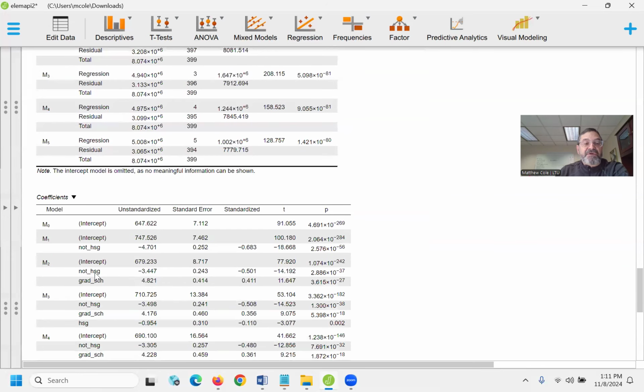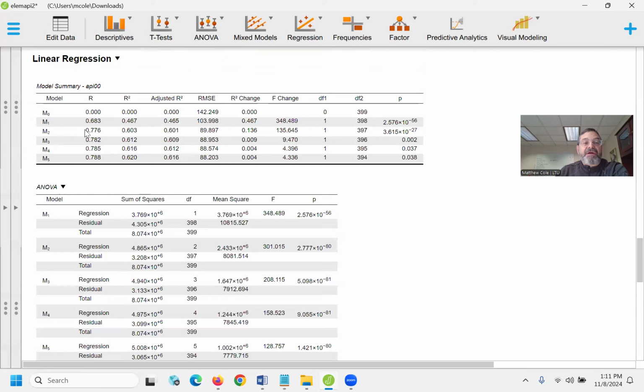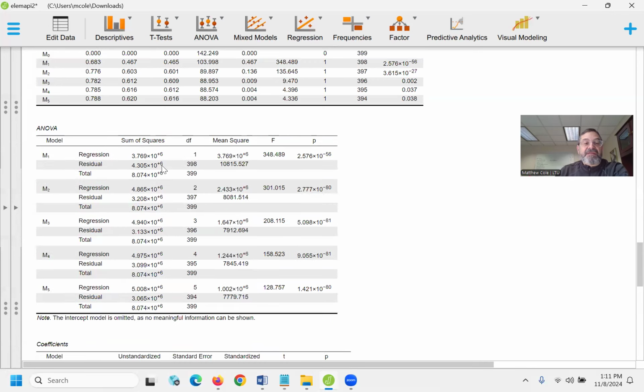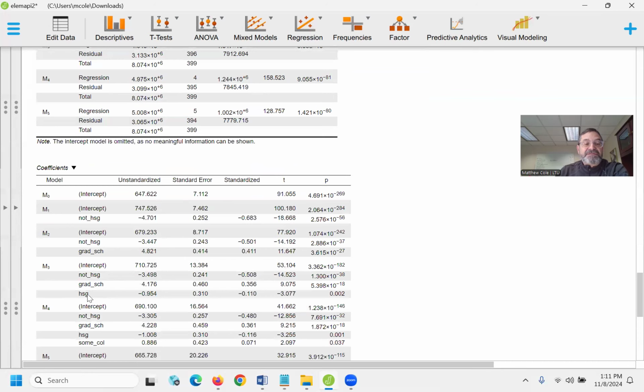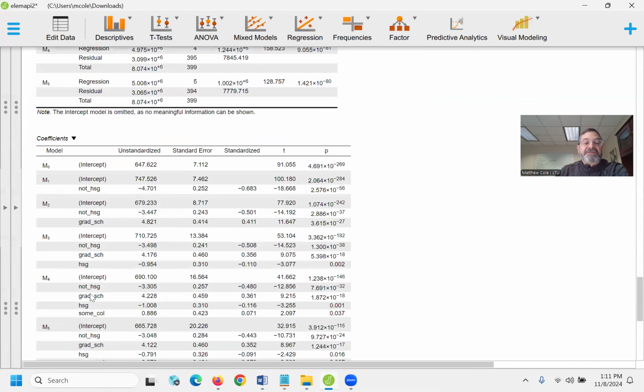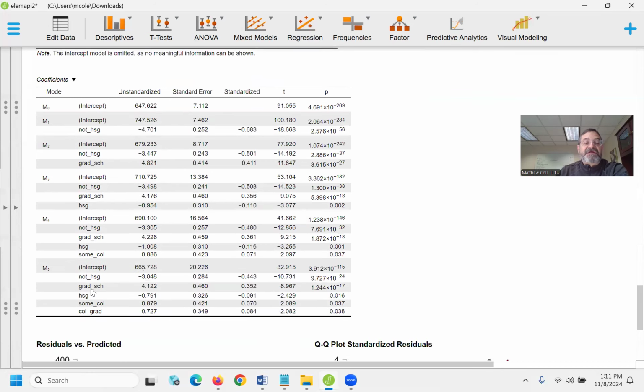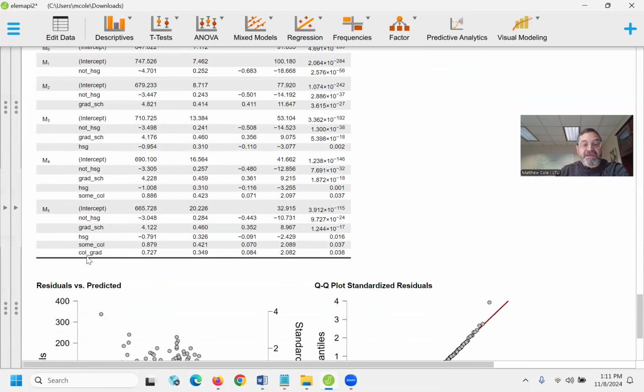The next one adds in, did they go to grad school? Adding in grad school adds an additional 13.6, so now we can predict up to 60%. The next step is, did they have some high school? Then, did they have some college? And the last step is, were they college graduates?